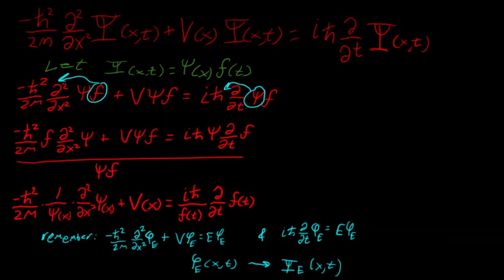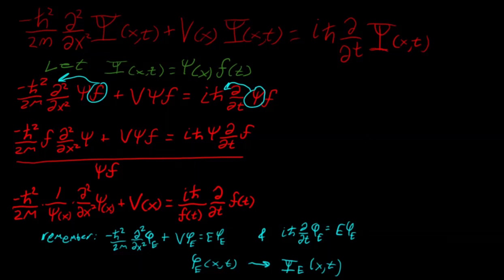Here I have a function of just x: the left side of the equation only depends on x. The right side of the equation only depends on time. If we think about what this implies, these have to be equal for any x and any t.